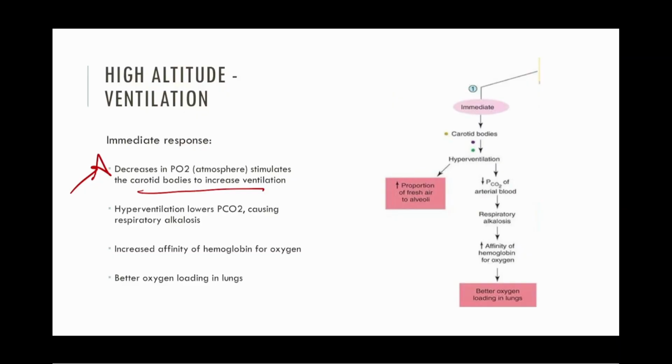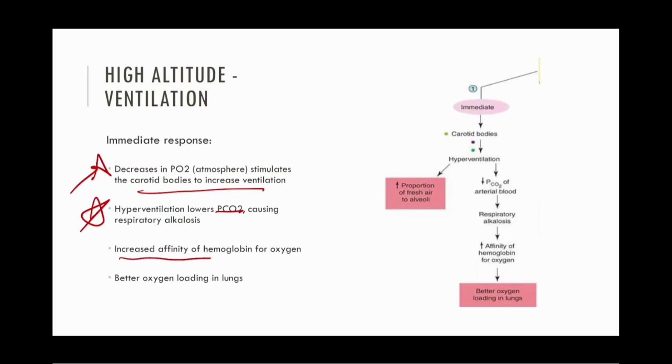So your ventilation goes up, so you're providing more air to the lungs. We hyperventilate. That lowers the PCO2, causing a respiratory alkalosis to occur when you first land at high altitude.